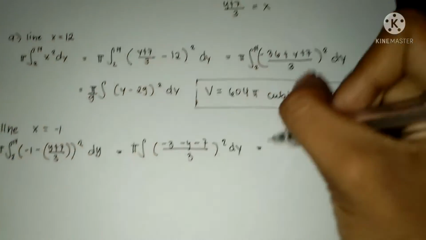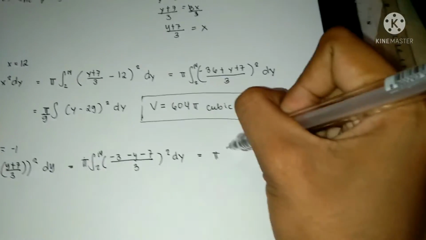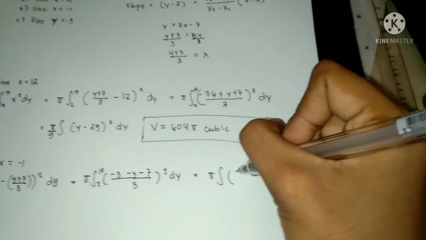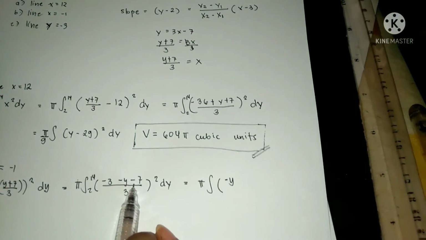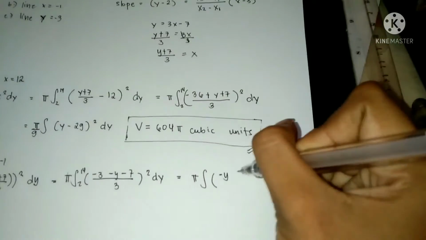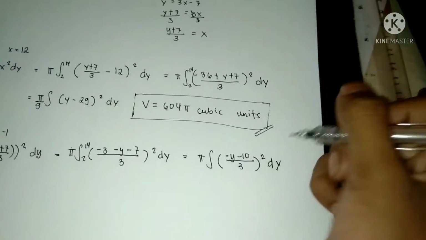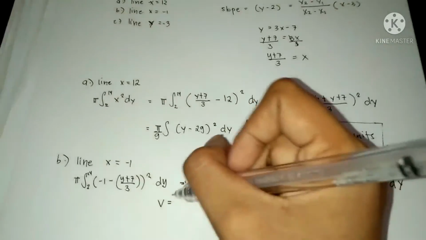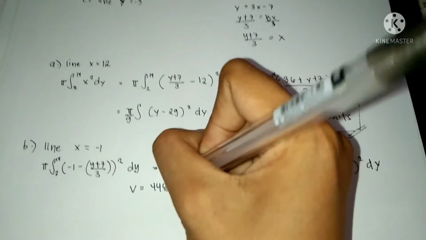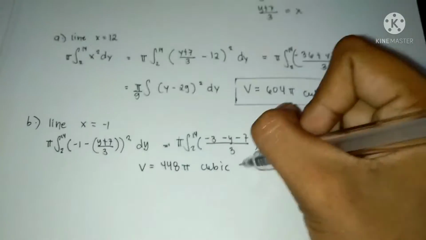Let's simplify this. It becomes pi, the integral of negative y, negative 3 minus 7 is negative 10 over 3, squared dy. So the volume is equal to 448 pi cubic units.